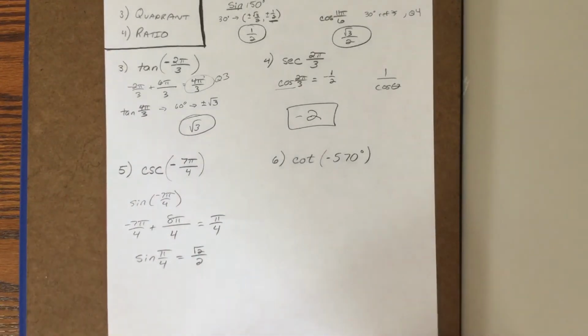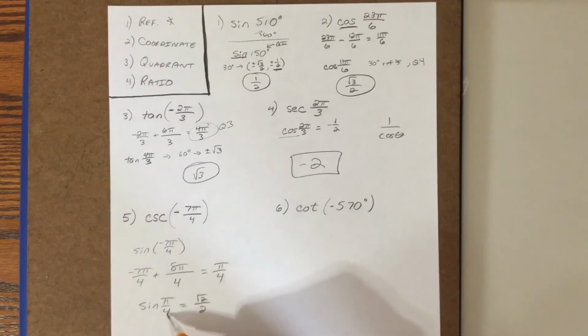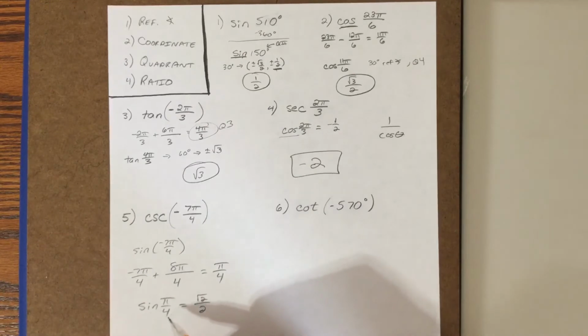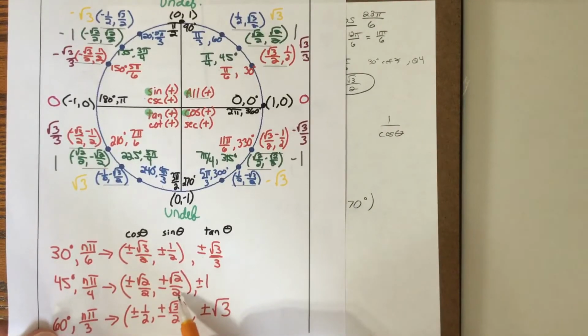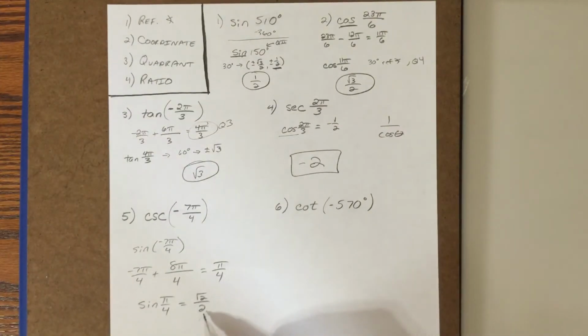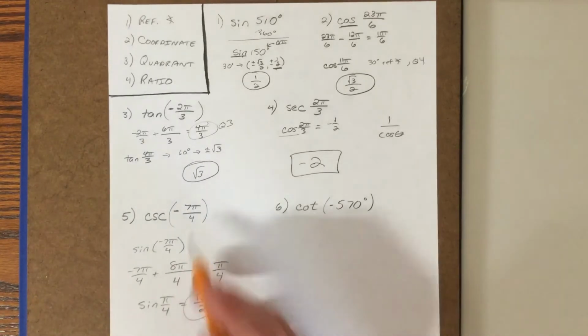If we go back to answering our 4 questions, denominator of 4 is a 45-degree reference angle. So it'd be plus or minus √2/2. Looking here, we're dealing with sine, so it'll be a y-coordinate. And since we're in quadrant 1, it'll be the positive version. But we're not done, because we do need to take the reciprocal of this to get the cosecant.